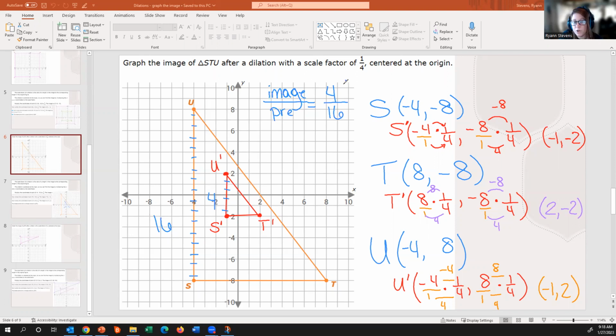I can divide both the numerator and the denominator by 4, and this would give me a scale factor of 1/4. So it does show that this is the scale factor from once we completed the reduction of this pre-image of this triangle STU.